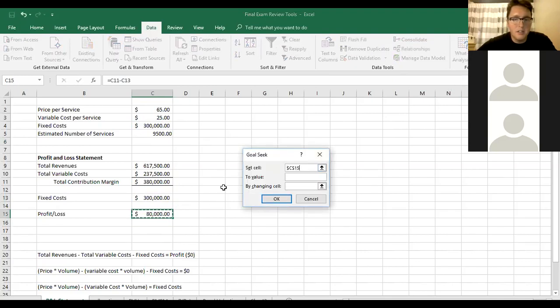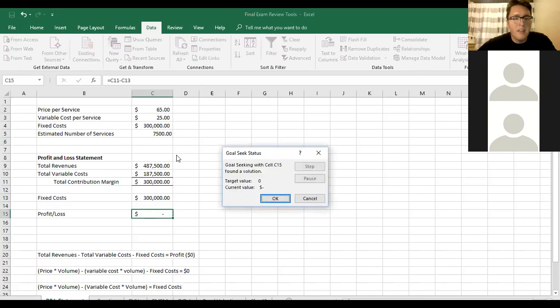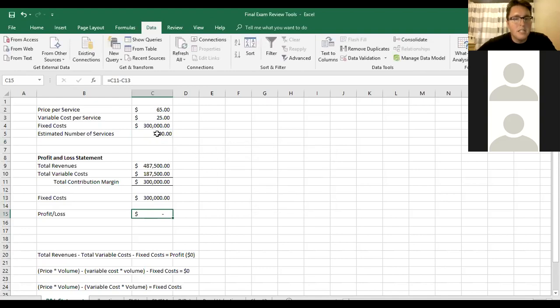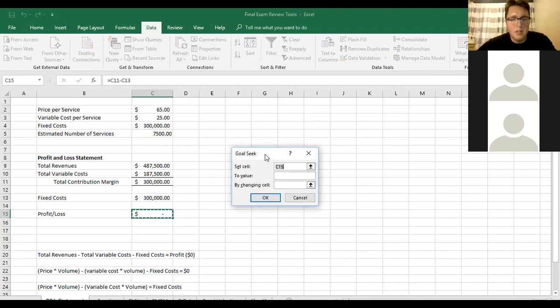So I can set this cell to a 0 value by changing the number of services that I want to find, and then hit OK. So that tells me that in order for me to have a $0 profit, I need to have 7,500 services. And then using the exact same process, we can solve for economic break-even, which accounts for a profit variable.